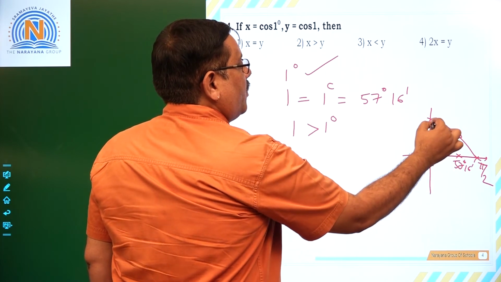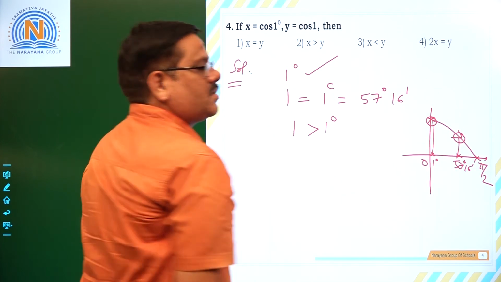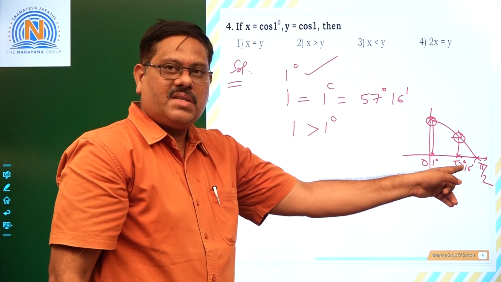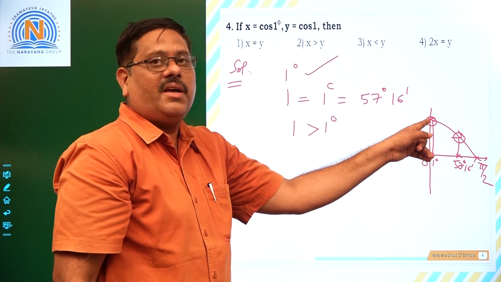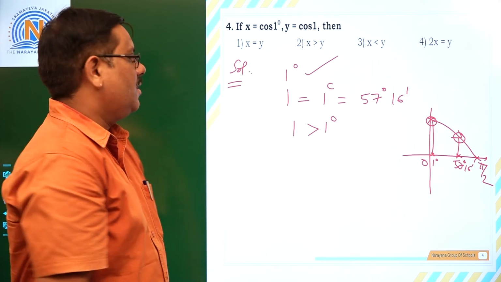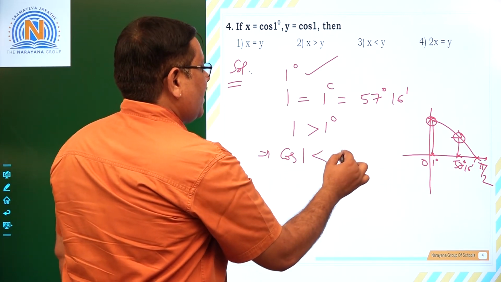For 1 degree the corresponding value is this. For 57 degrees the corresponding value is this. Obviously, even though 1 degree is less than 57 degrees, cos of 1 degree is more than cos of 57 degrees, 16 minutes. Therefore, it implies cos 1 is less than cos 1 degree.